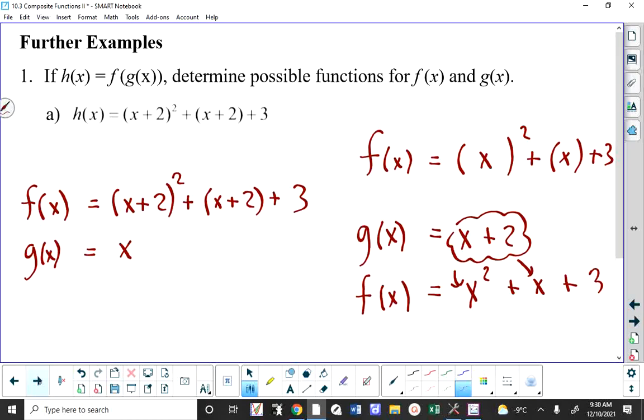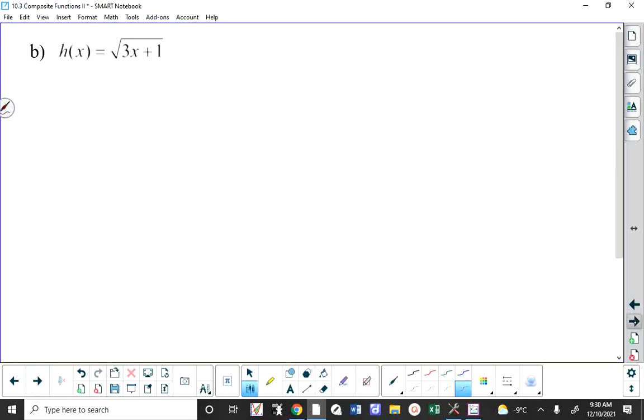Okay. Let's try one more. I think this second one is actually a little bit easier. When you start thinking about what a function is, an operation that occurs on something, well, there's an operation that's occurring here on x. It's being tripled and then adding 1 to it. But there's another layer of the operation, which is that you're square rooting the result.